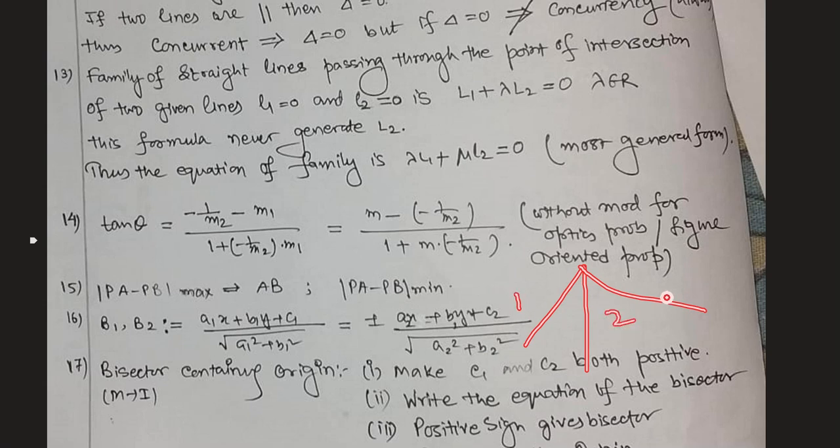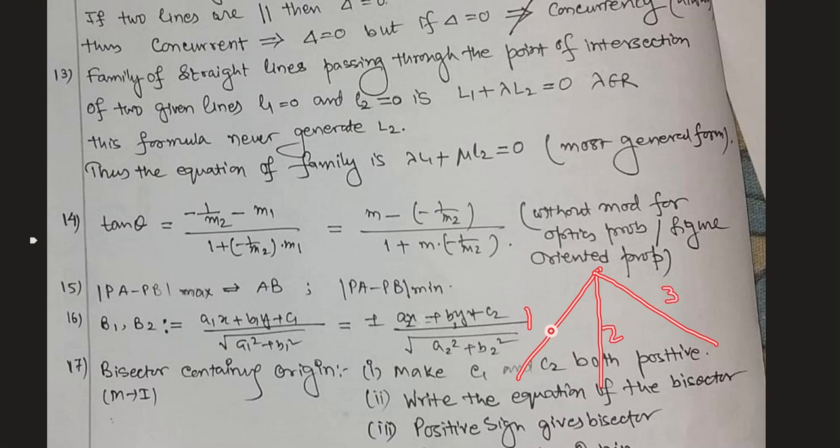This is your first line, this is the second line, this is the third line. So you have to take the slope of the second line minus the first line, then calculate the slope of the third line minus the second line. Consider that these angles are equal. So in this way we take the second line, first line, and third line.